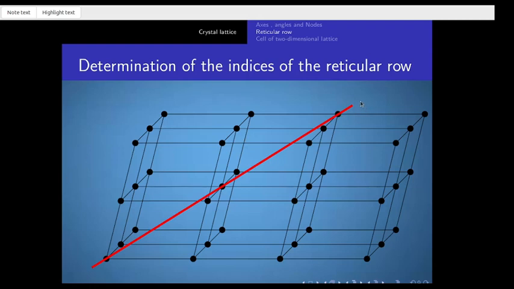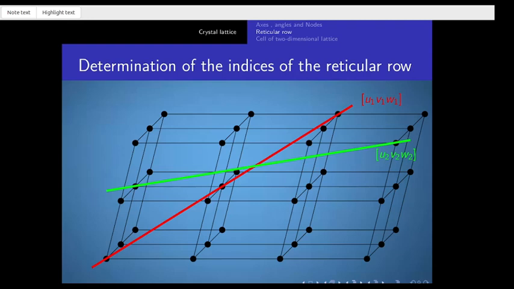This red row has as indices U1, V1, W1, and the green row passes through this node and this node, and has the indices U2, V2, and W2.